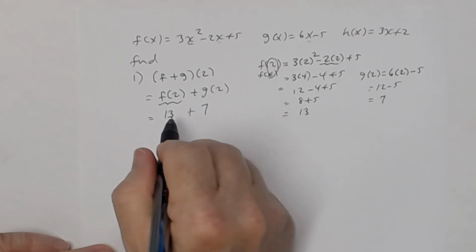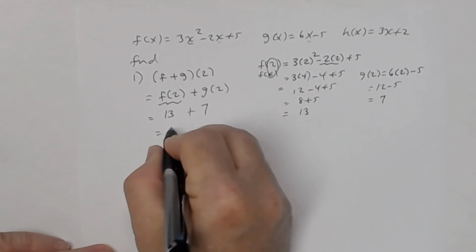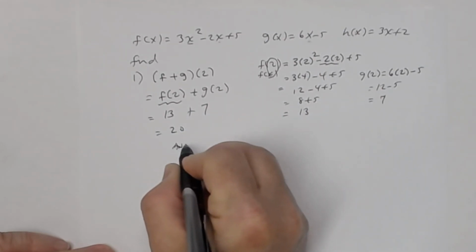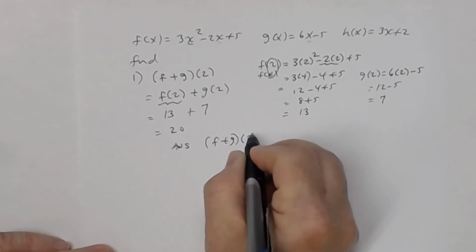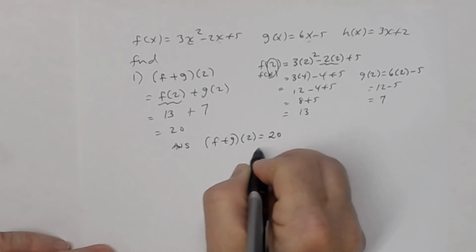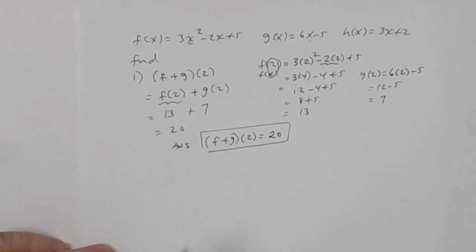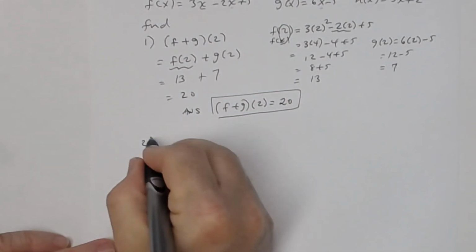So g of 2 is 7. Now we get 13 plus 7, which is 20. Therefore, f plus g evaluated at 2 is 20. So that's number 1.